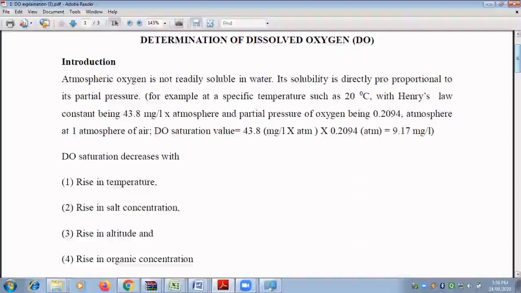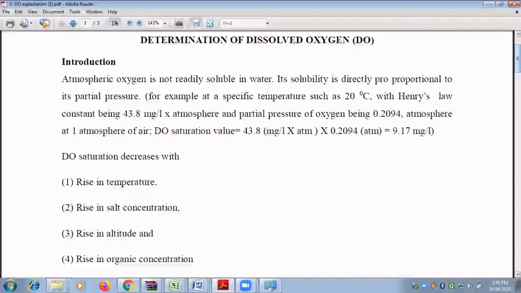DO, as you all know, is dissolved oxygen. Let's understand the meaning of DO saturation value. The DO saturation value is the maximum DO value in mg per liter for a specific temperature. So if I consider the temperature to be 0 degrees Celsius, then the DO saturation value is 14.62.